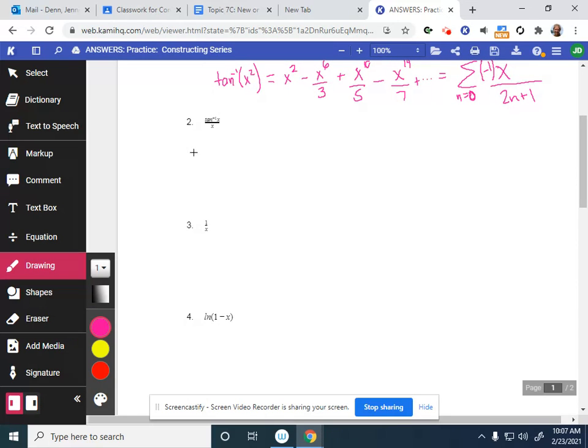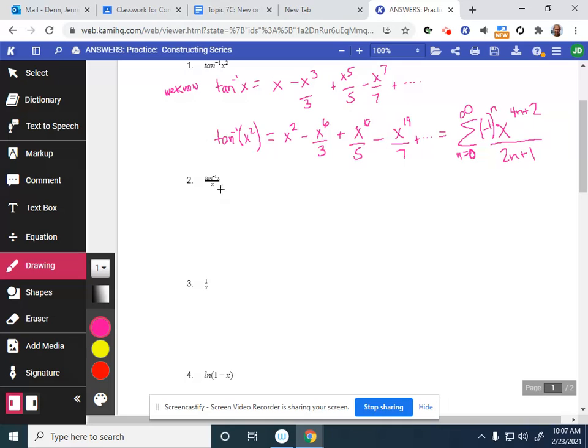Okay, number 2. We're going to manipulate a series that we already know. We're going to take the series for inverse tan of x, which I have written right up here, and I'm going to divide every term by x.